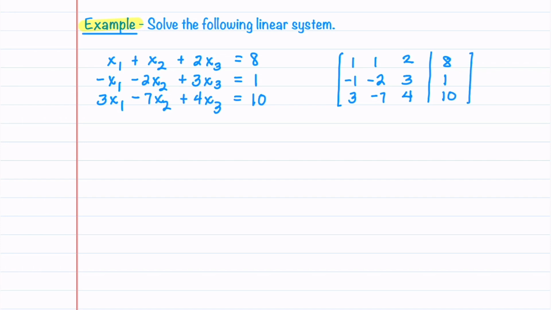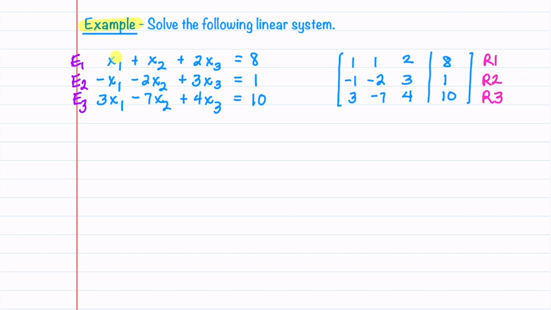The other thing we're going to do before we begin is label the equations and label the rows. We'll call this first equation E1, this one E2, and this one E3. Likewise, we'll call the first row in our augmented matrix R1, the second one R2, and then the third one R3.